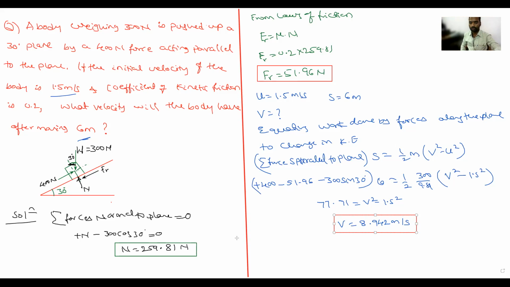First, you have to calculate the normal reaction. Then you have to calculate the frictional force. Then you have to calculate the summation of forces parallel to the plane. That will give the net resultant force, multiplied by S, which is nothing but displacement. Then equate it to the change in kinetic energy, so that you will get the answer. Is it understood, everyone?